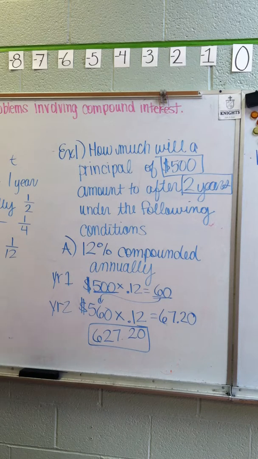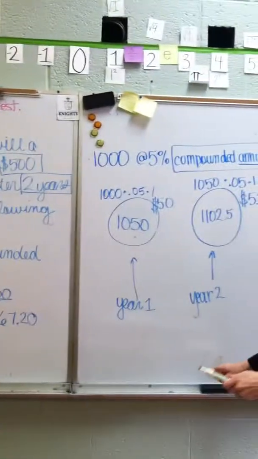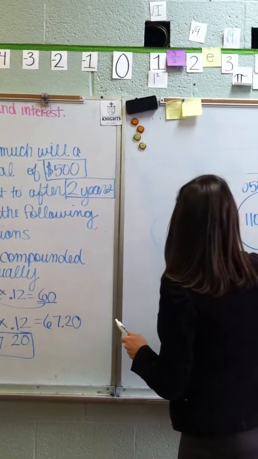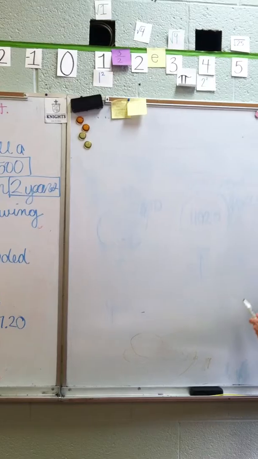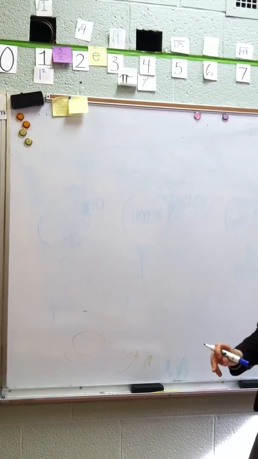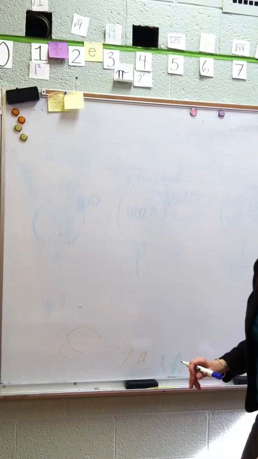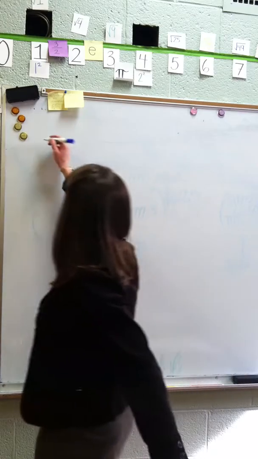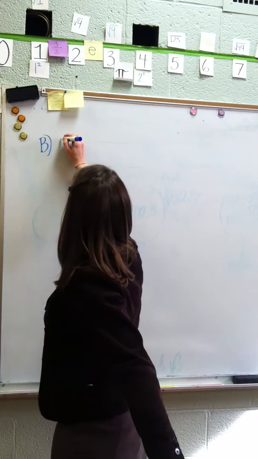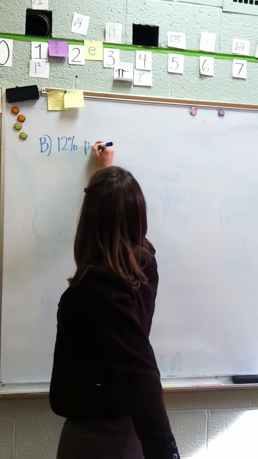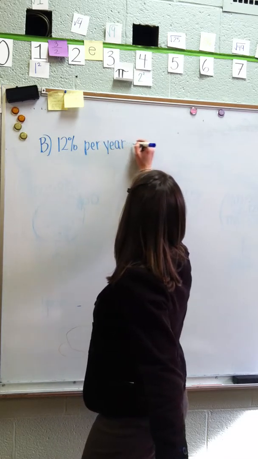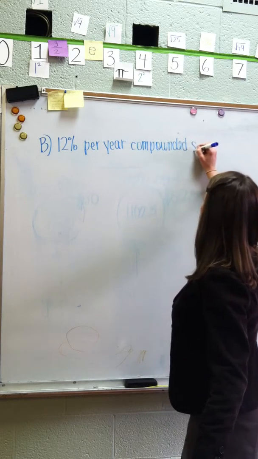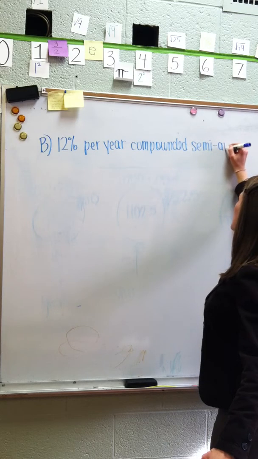Let's go ahead working with that same example and go with a different amount of time. 12% per year compounded semi-annually.